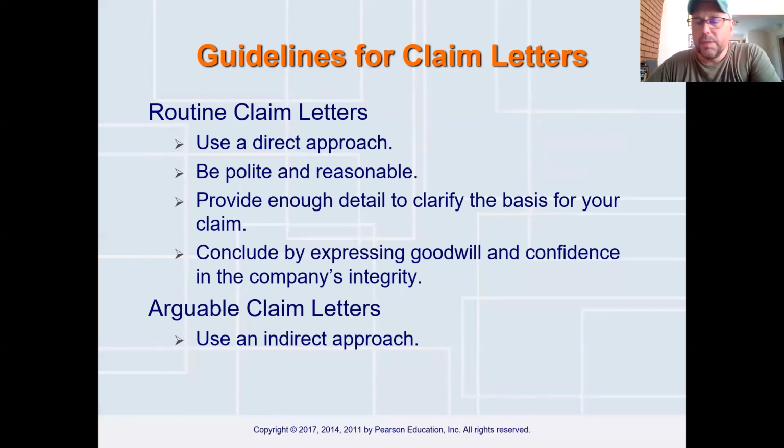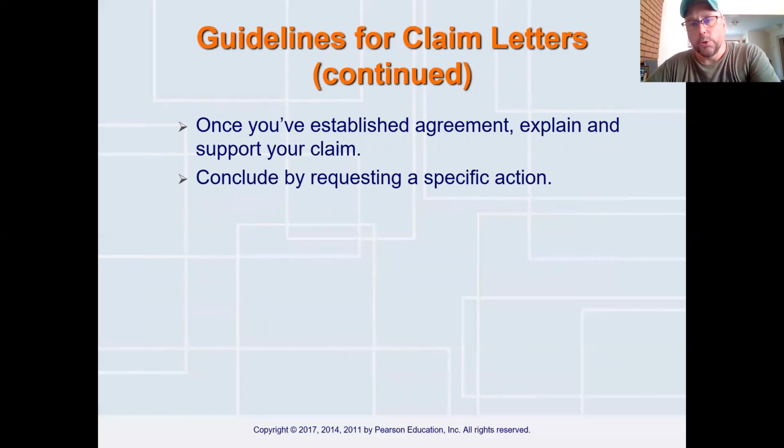Arguable claim letters, make sure that you're using a more indirect approach. Once you've established agreement, explain support for your claim, and conclude by requesting a specific action, okay? These are quite rhetorical. You're going to be using a lot of pathetic and ethical appeal. So make sure that you are considering those when you're going out and you're designing an indirect claim letter.